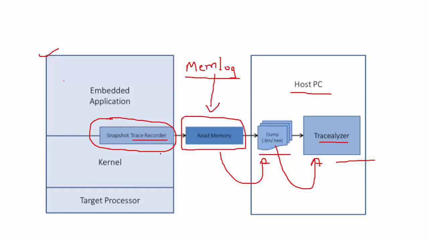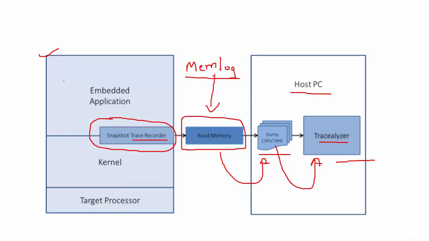Great. Now we will implement all these things practically. I will demonstrate how you can do all of this. The first task is integrating the Tracealyzer library with your project, compiling it successfully, downloading the code into the microcontroller, and then installing one memory logger application.